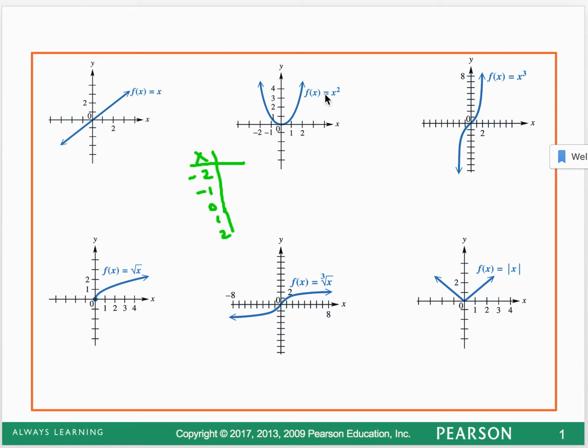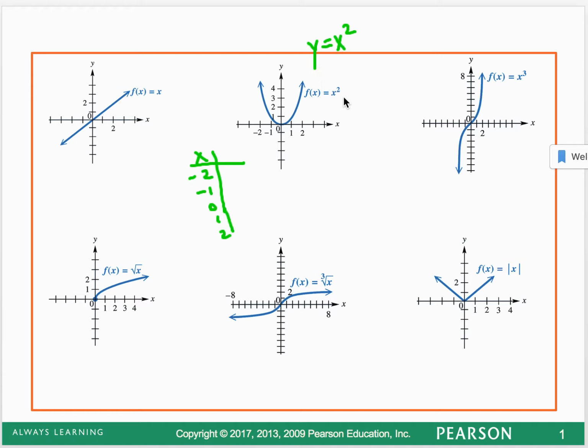Now why I'm calling these the basic shapes, notice I don't have a 3x squared plus 2 or anything. It's just x squared. And by the way, I know they're using function notation, but when I'm graphing, I like to change that f of x to a y. I just prefer it. It's obvious then what my x and y's are, and it kind of helps me with what I'm doing.